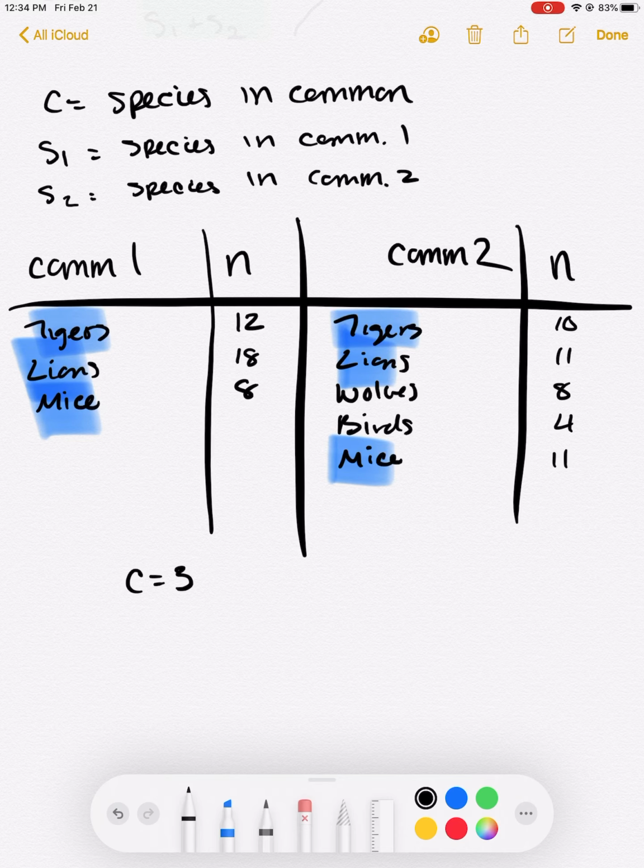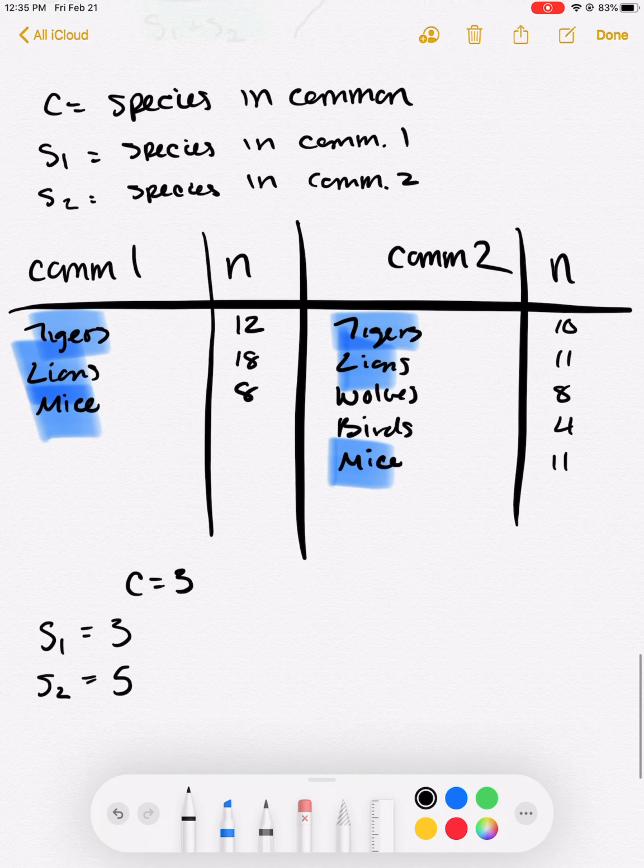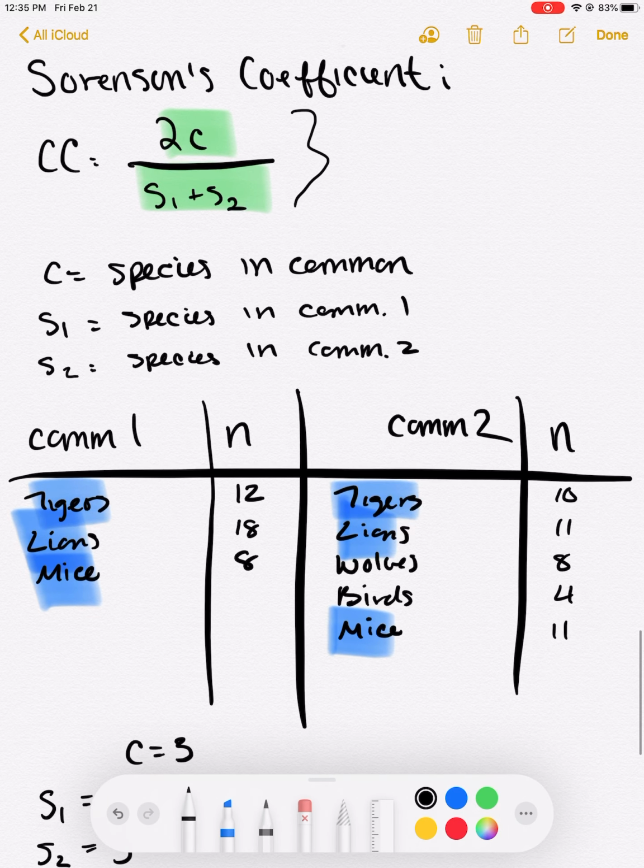Now, S1, like I said, is the number of species in community 1. There's 3 of them. S2, number of species in community 2. There's 5. So S2 equals 5.